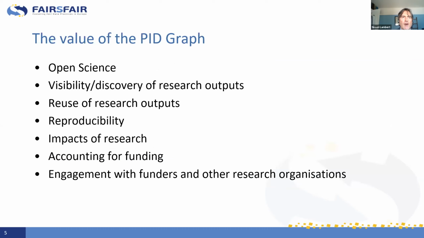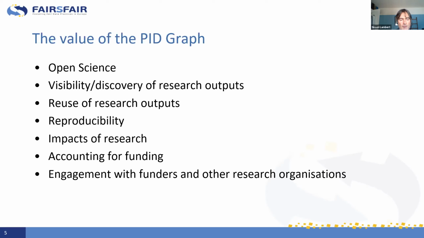So what kind of value does this enable? Well, it's all connected with open science, of course. The fact that you can consistently and persistently identify digital and real world objects and connect them together is going to increase the discoverability and the visibility of research outputs, and thereby encourage their reuse and enable their reuse. It will also enhance reproducibility by making the connections between the actual steps in the research process more transparent.